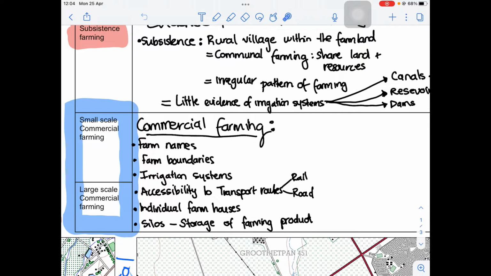But we're not necessarily doing this with the sole intention of selling all the produce and making a profit. A large portion of that produce is actually used for individual consumption, family consumption, or the consumption within the village.